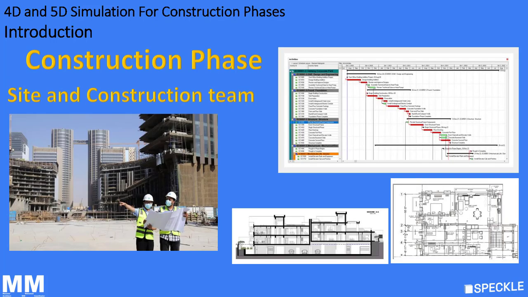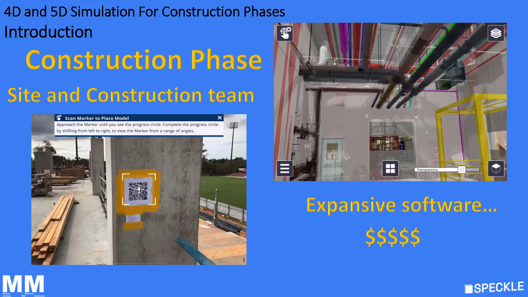But unfortunately, most site teams are accustomed to paper and 4D planning tools like Primavera or even Excel for small projects, and they find BIM software too expensive. This was a significant issue in my case.